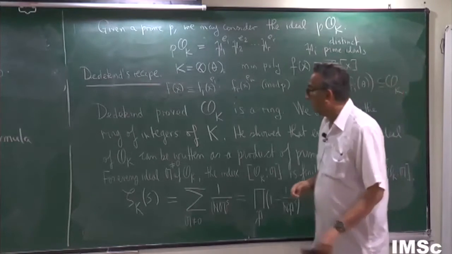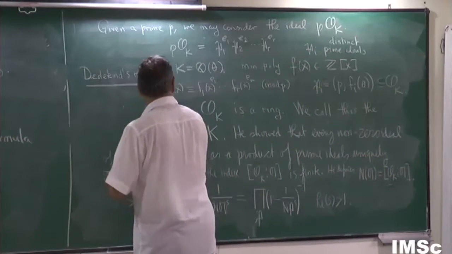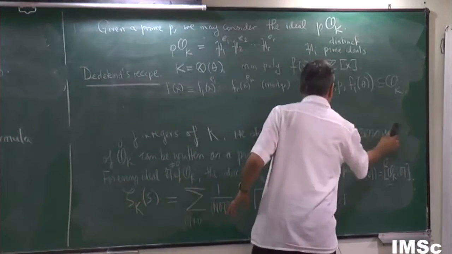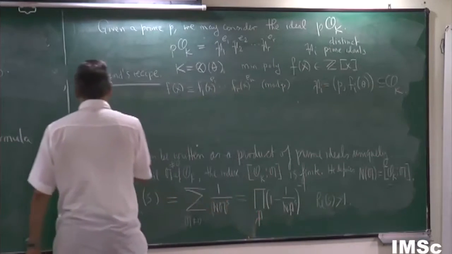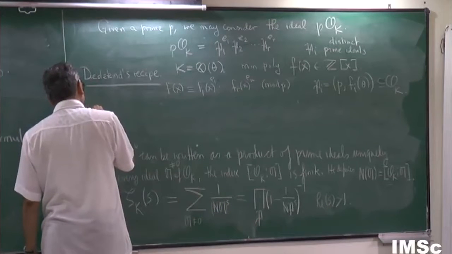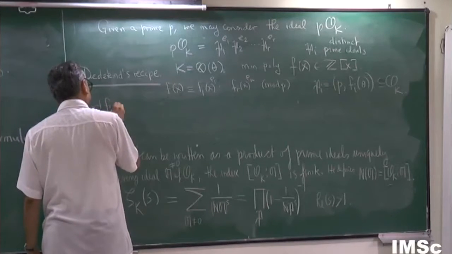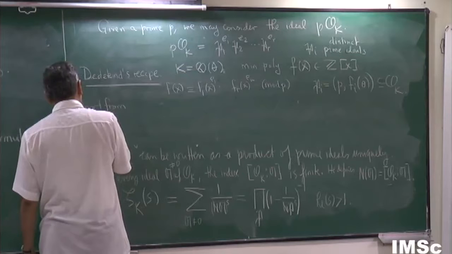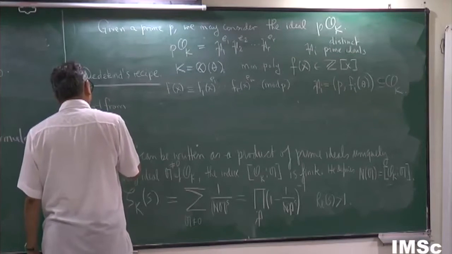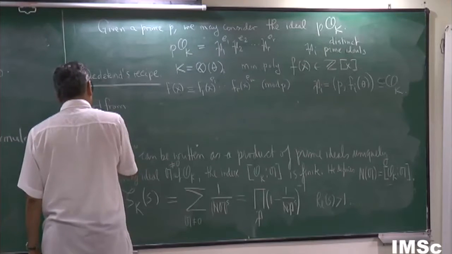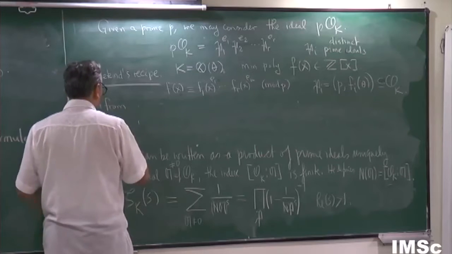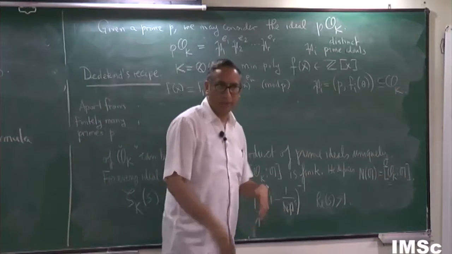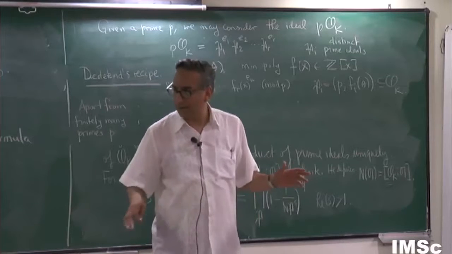Then Dedekind's recipe is, apart from finitely many primes p, so there are some finitely many primes p which you just have to throw out from the discussion.